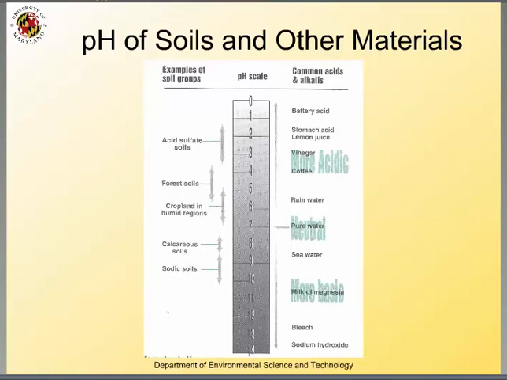So soils and other materials that we commonly deal with. Soils are on this side, other common materials over here on the right. Sodium hydroxide is a pH of 14, bleach is almost 13, milk of magnesia is about 10.5, seawater, high 8s, pure water, not in contact with air, is neutral at 7. Rainwater, even in an unpolluted area, usually is in the high 6s. If you're in a polluted area where you have sulfur dioxide or nitrogen oxides, it's more acidic than that.